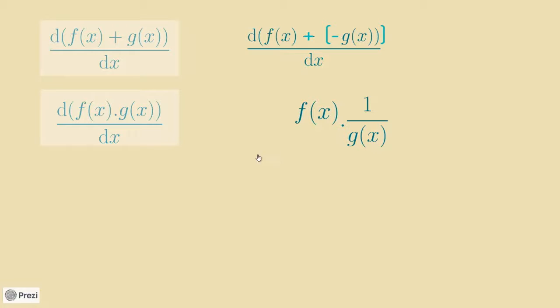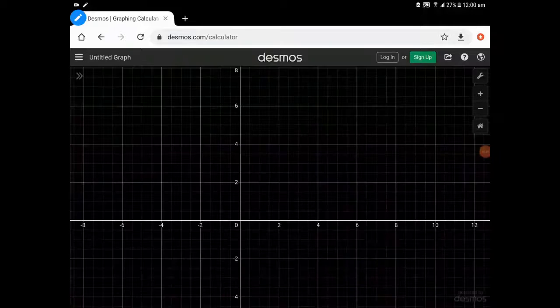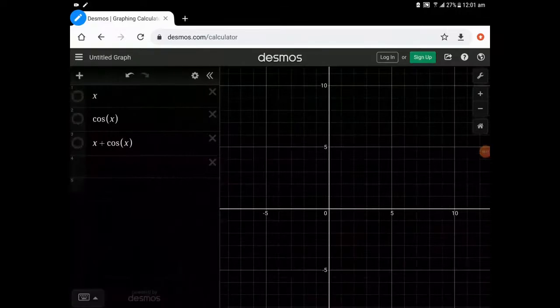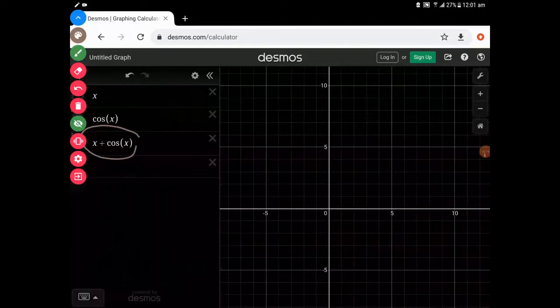Okay, so let us go to study about differentiation of a sum of two functions. So students, here I want to show you how a sum rule works out. Okay, so this will be the question, and the question is x plus cos x.